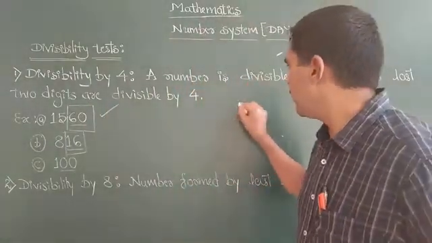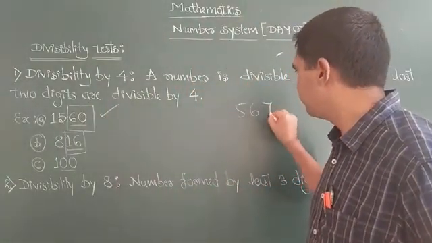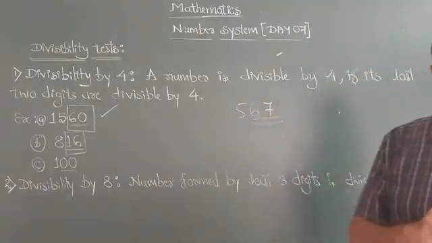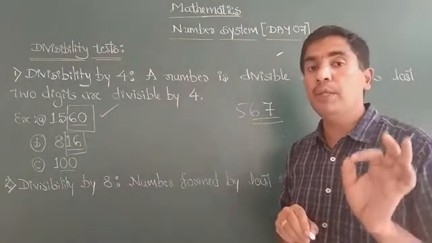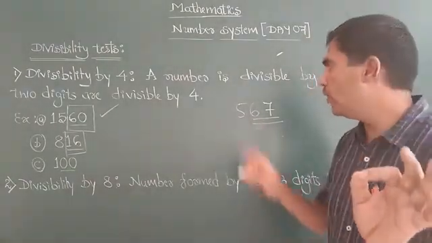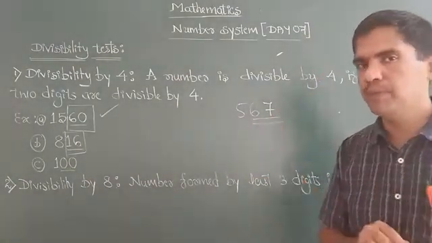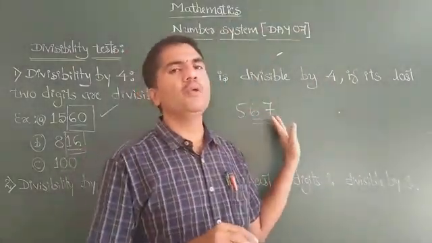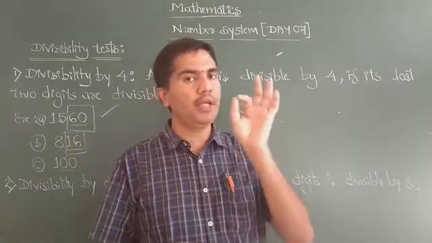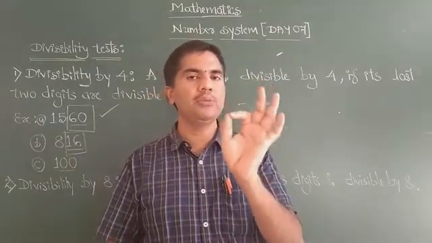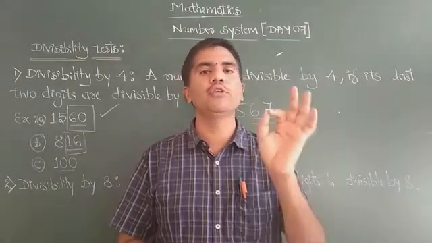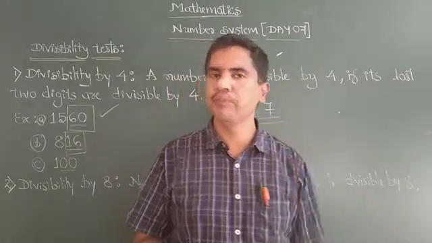I have another number, 567. 67, when I check, is not divisible by 4. Immediately I can come to the conclusion: when you have odd numbers, keep in your mind, an odd number is not divisible by 2 itself. So for a number to be divisible by 4, first of all, it should be divisible by 2.